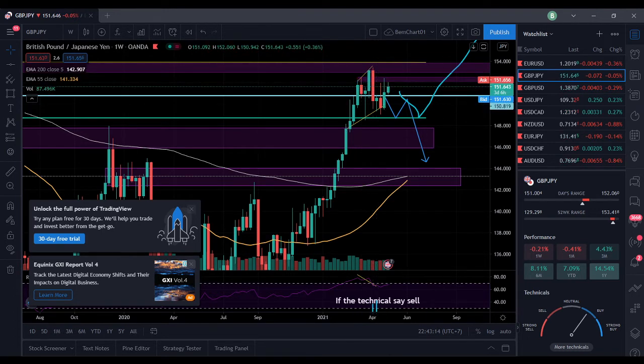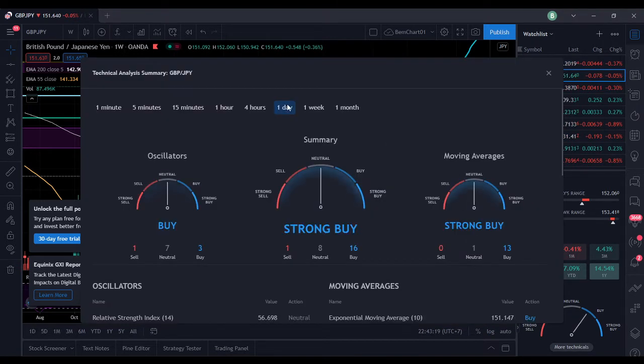So it went down. So if you see the technicals here, our day is still a strong buy. If we go to the 4 hours, it's still, yeah, actually a buy. A while ago it was sell, so that's why I made a sell, but it went back to buy. So it looks like everything right now is in a buy.